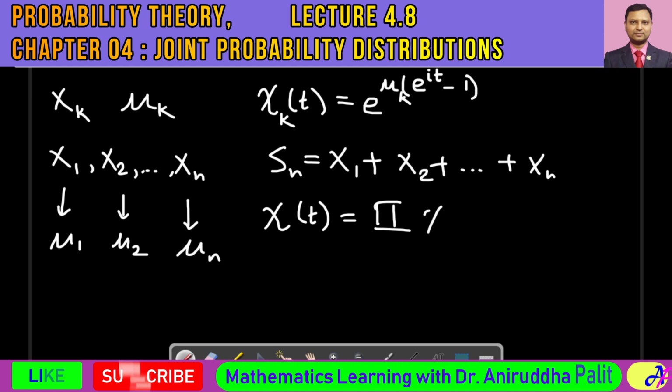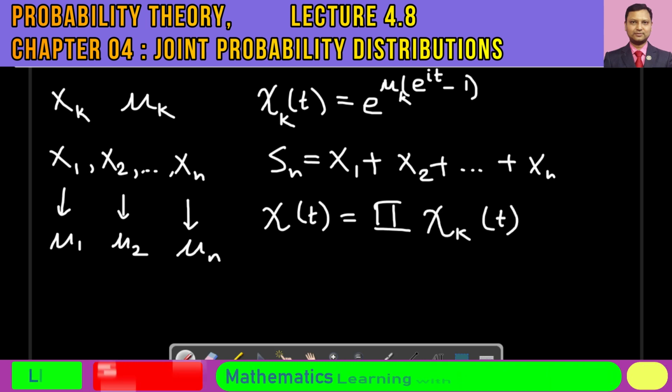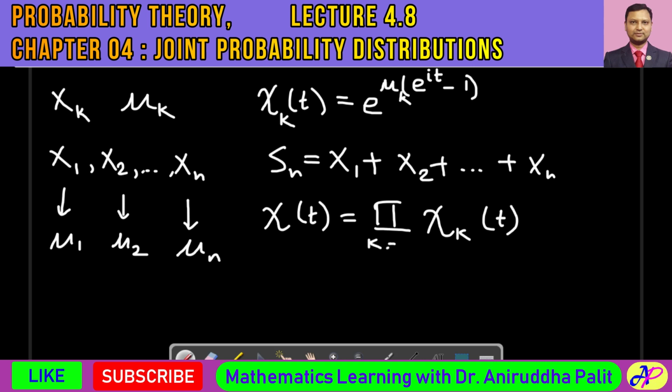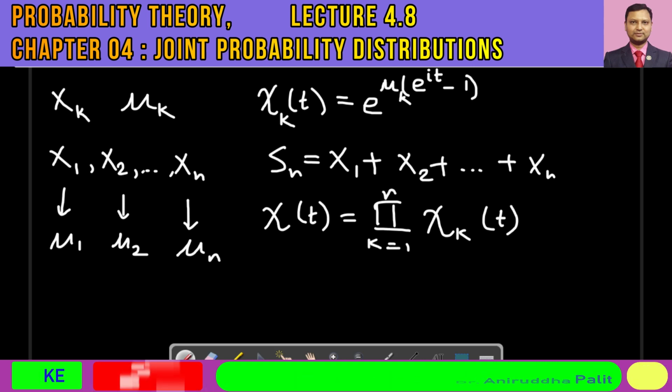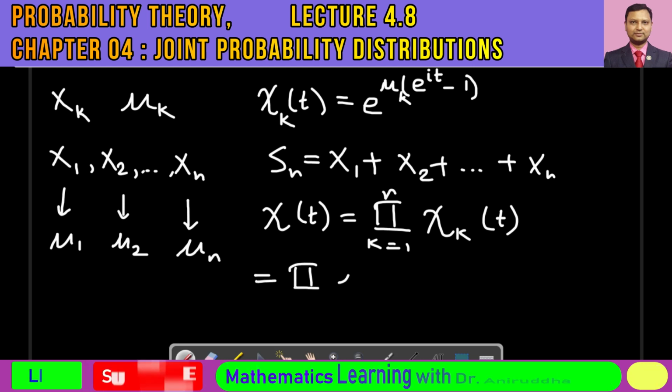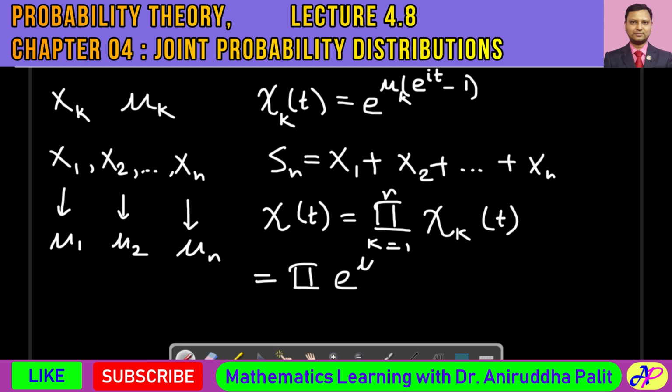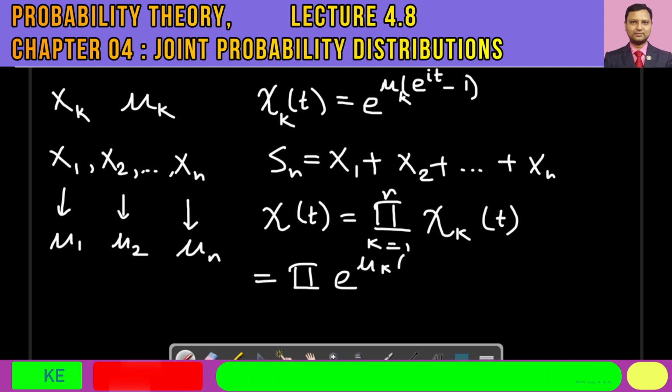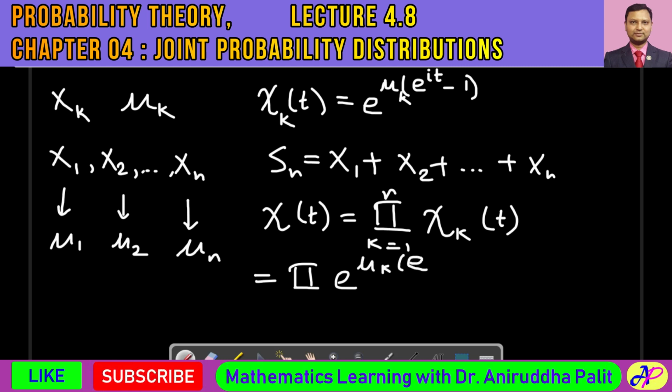So that would be the product of chi k of t, where k is equal to 1 to n, and therefore this can be written as the product of e to the power of mu k into, within this exponent, e to the power of it minus 1.